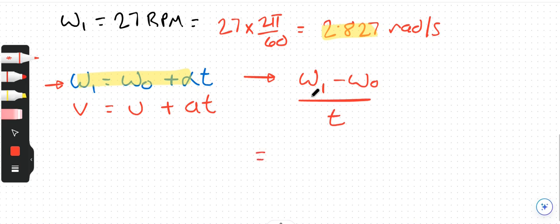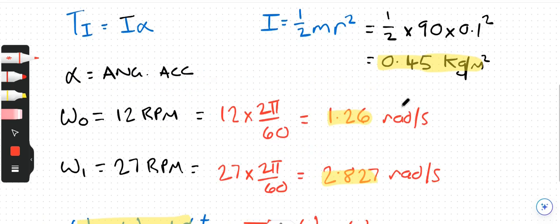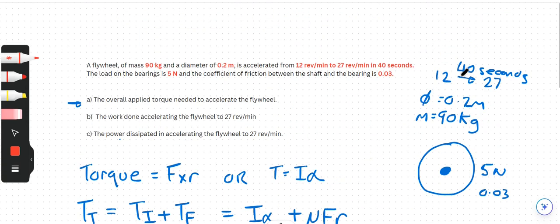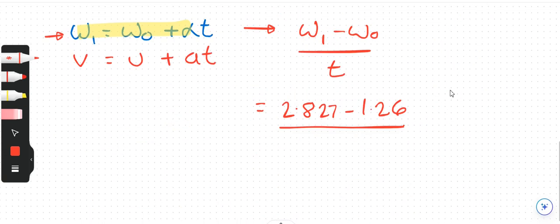Omega 1 is 2.827, take away omega 0 starting, which is 1.26. We divide that by the time, which we know is 40 seconds. This will give us the angular acceleration of this flywheel in radians per second per second.